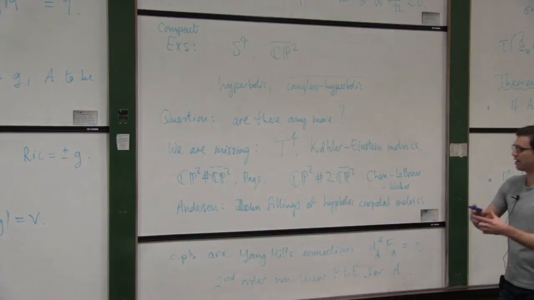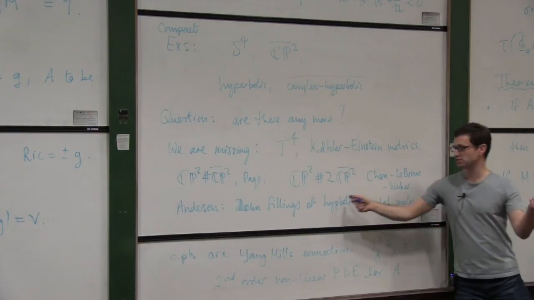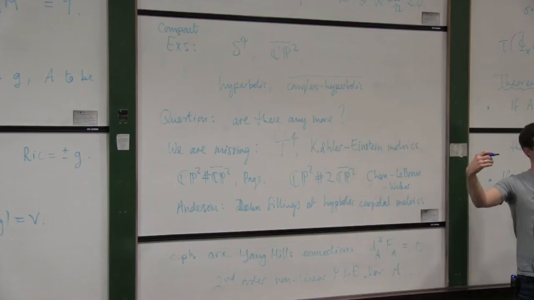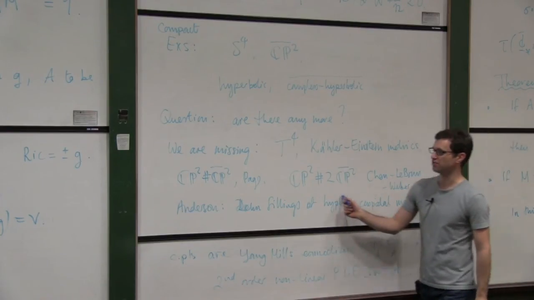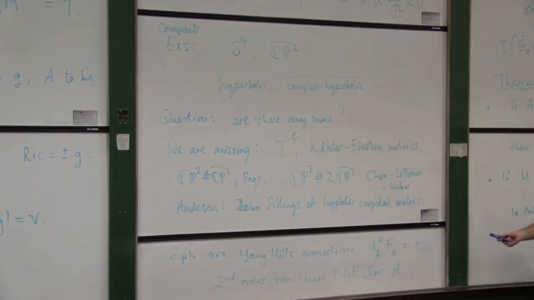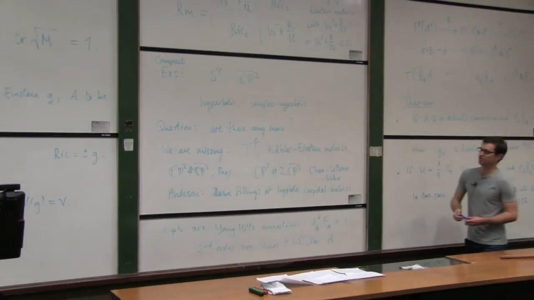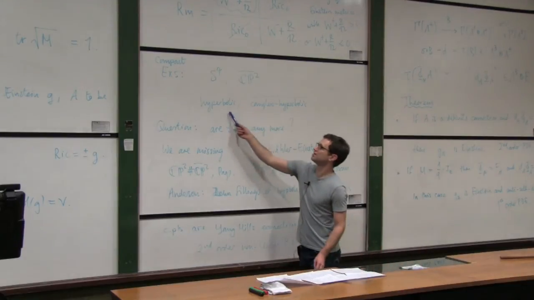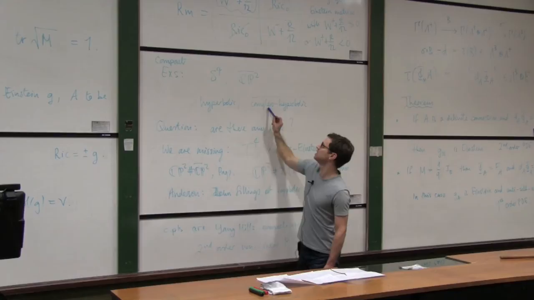So you take a hyperbolic manifold that's not compact, so it has these hyperbolic cusps, and you fill in those cusps by gluing in a particular metric, and then you perturb that metric to get something that's Einstein. This gives you an infinite family of Einstein manifolds. And I think that this is it. This is the complete list of known compact Einstein 4-manifolds. So the fact that we've only got these ones, I suspect, is not due to the fact that our theory forces you to have locally homogeneous metrics.